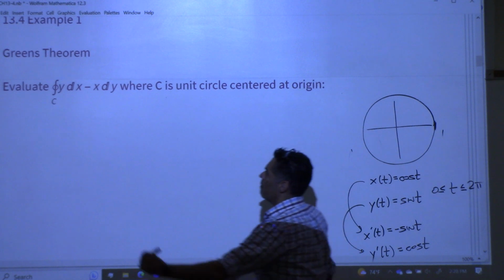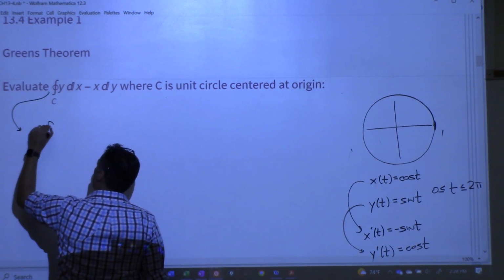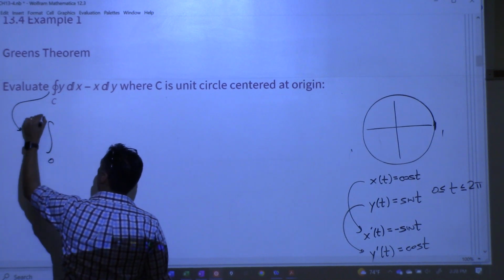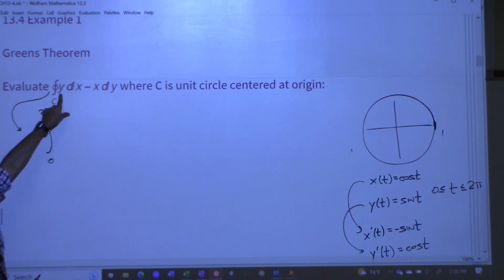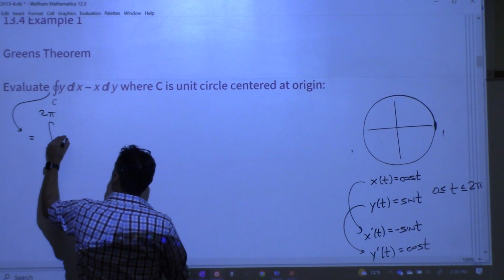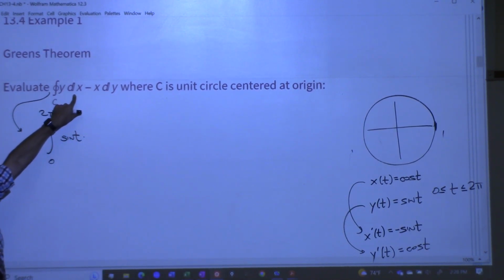Here I go. This becomes the integral from 0 to 2 pi. And I'm going to do these one at a time. What's y for us? Sine t. So sine t times dx. What's dx for us?